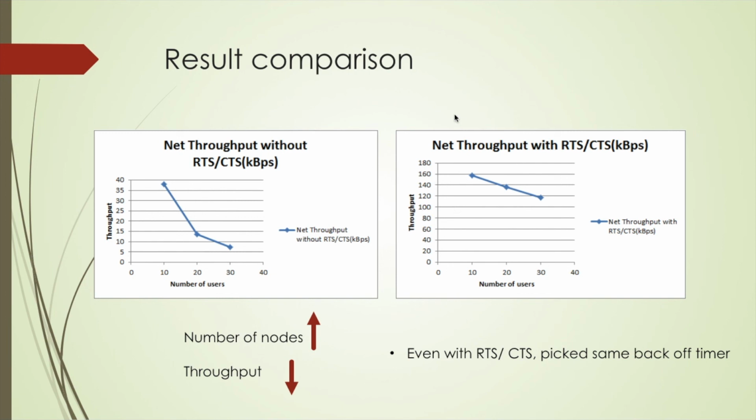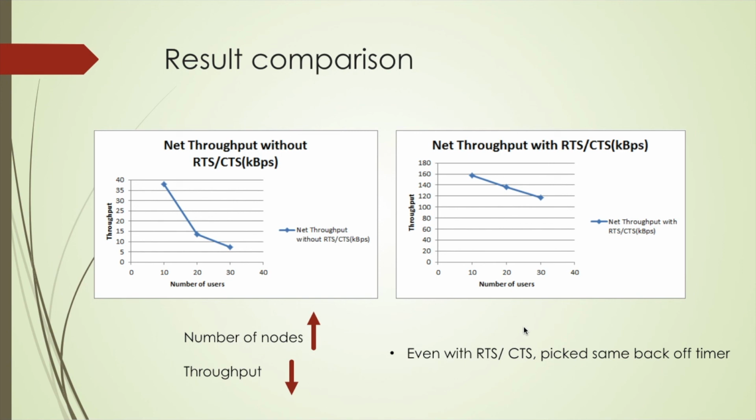Another thing I want to mention is that even with RTS-CTS, it is not a 100% foolproof way to avoid collisions, because as you can imagine, RTS-CTS packets can still collide. If in any case two users pick the same random backoff timer, both of their timers will go off at the same time, and then they will send the RTS packets at the same time, and they will collide.